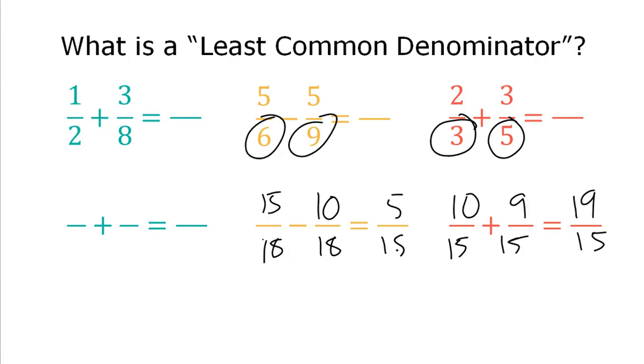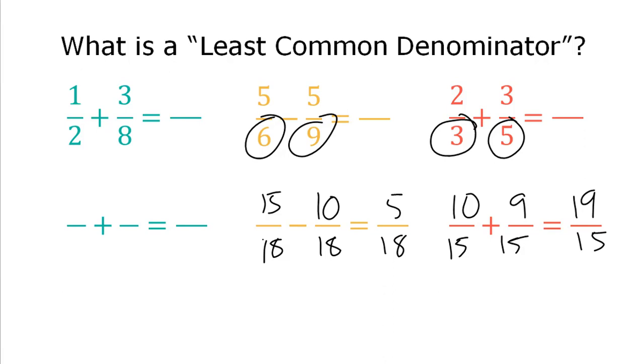And so my answer would be 5/18, which is a lot easier than if I had made the common denominator 54. And it also makes it so that I don't have to reduce, or at least I don't have to reduce as much after I figure out what my answer is. And so the least common denominator in that case would be 18.